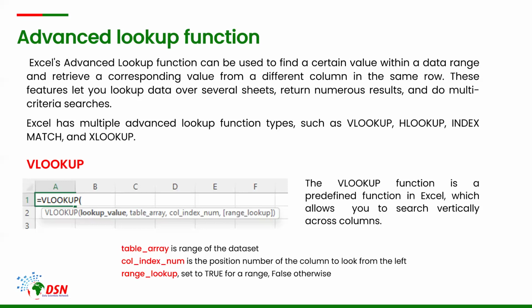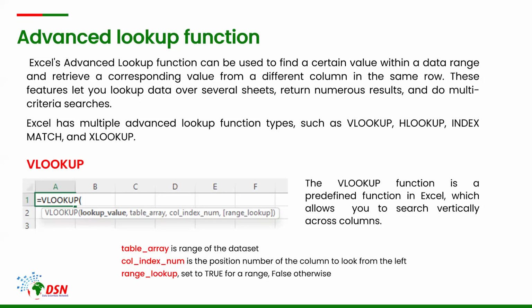So now you input the index of the column that you want to look for vertically. If you are looking for data in column 3, you specify the value of what you are looking for, you specify the range of your table, and then you specify the column you want to look at. If it is column 3, you write 3.